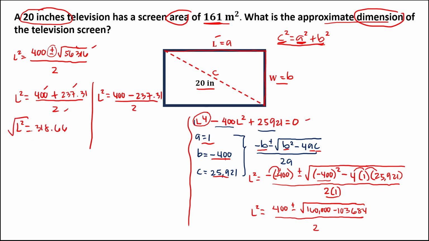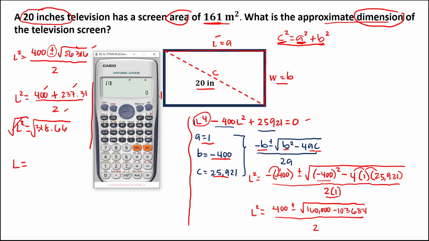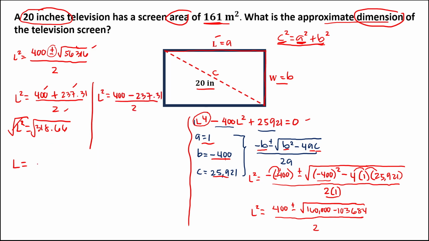Then we need to take the square root. So L equals the square root of 318.66, which is 17.85, or approximately 18 inches.